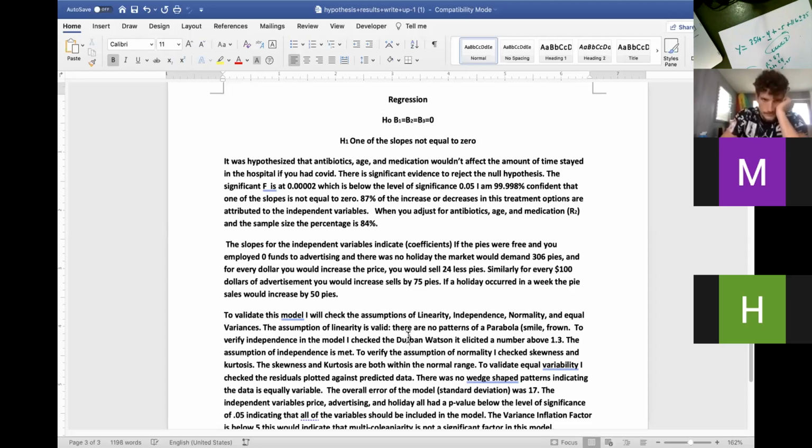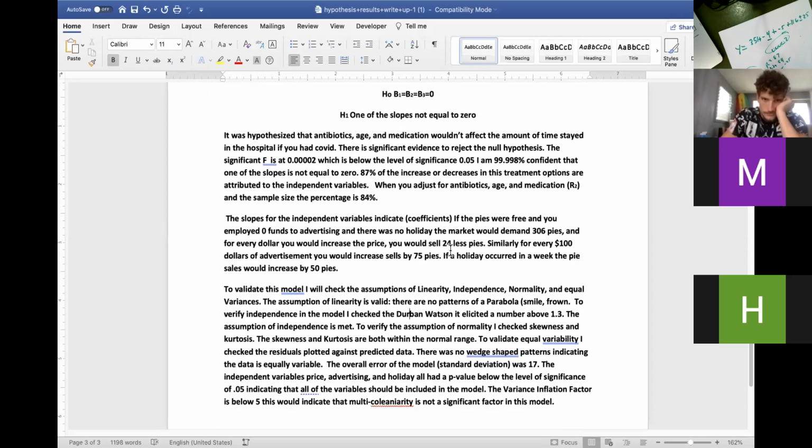The slopes for the independent variables, the coefficients, indicate that if somebody used antibiotics, their stay at the hospital would be 4 hours less.